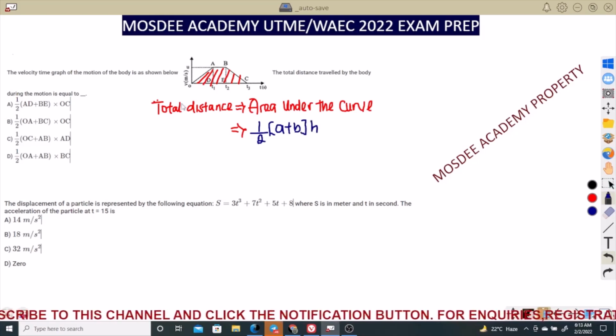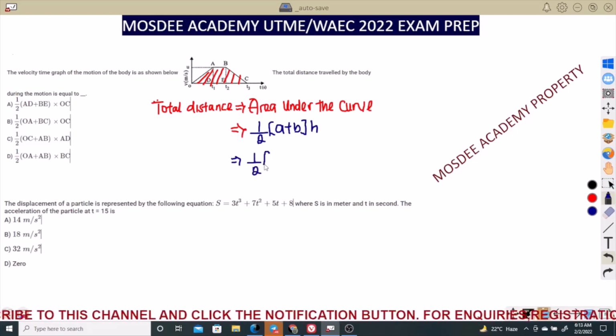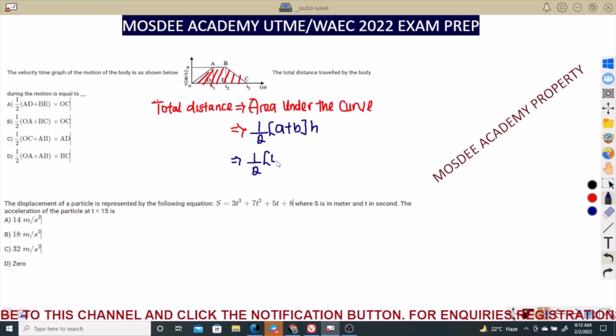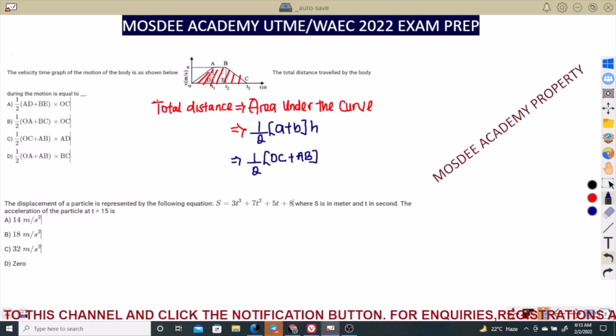So in this case, we go with the values. We can say this is 1 by 2, which is half. Open a bracket. The parallel sides you can take as OC, and the other parallel side is AB, multiplied by the height. You can see the height here.